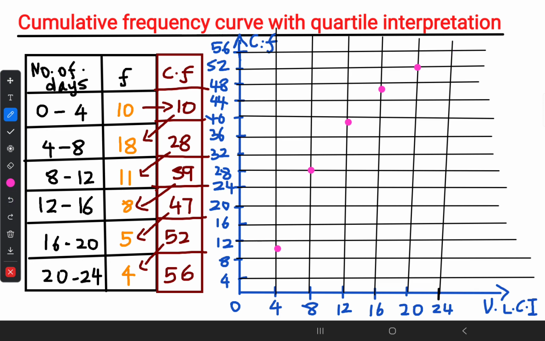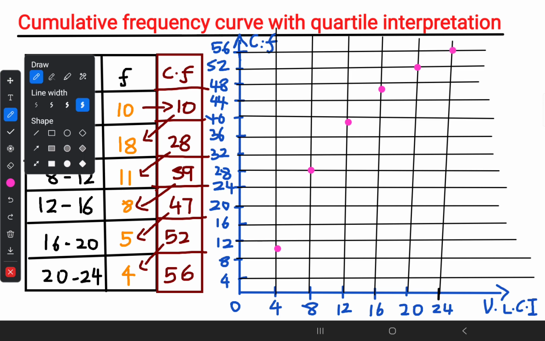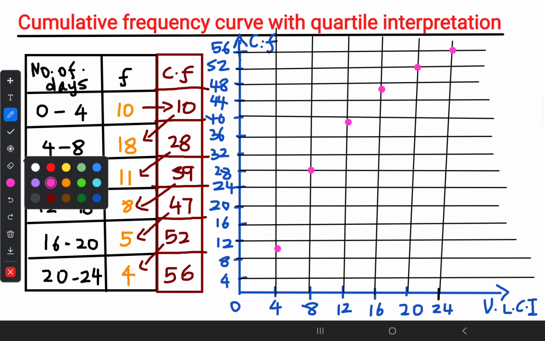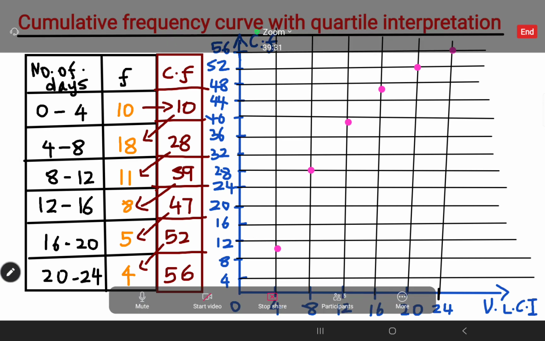Okay. I just plotted the coordinates. Thereafter, by using your hand, you have to make the curve.